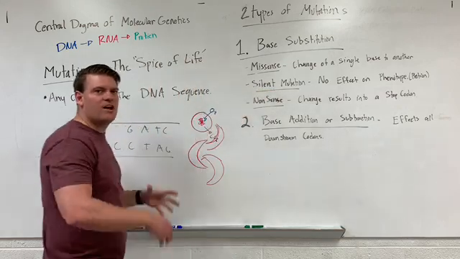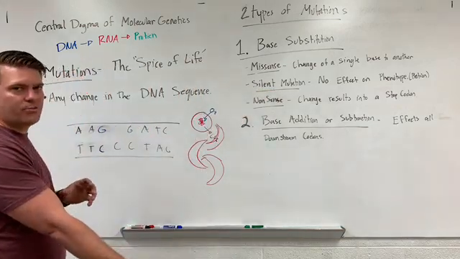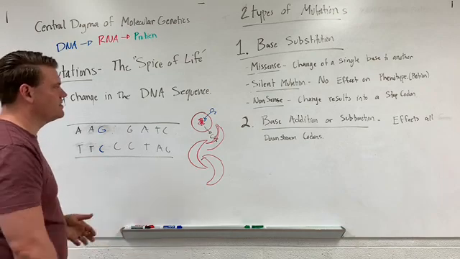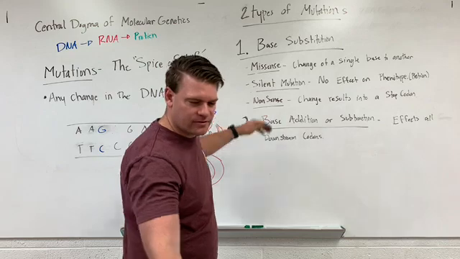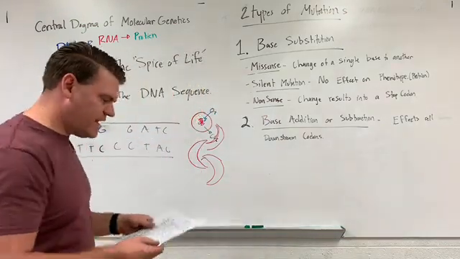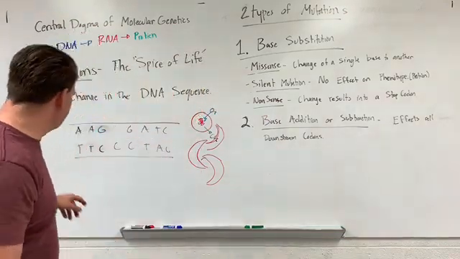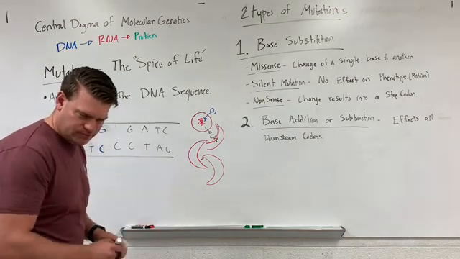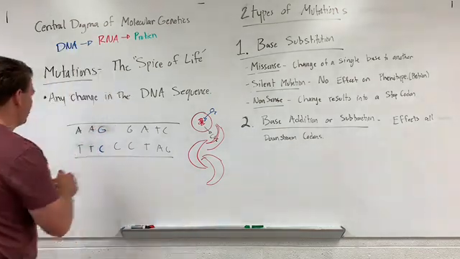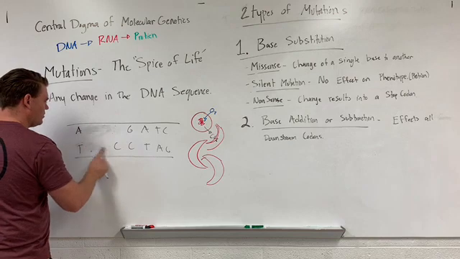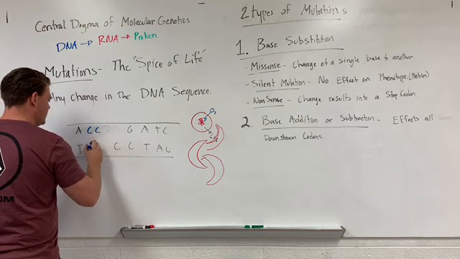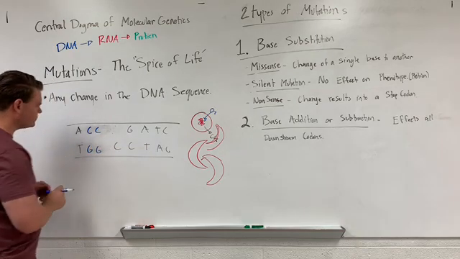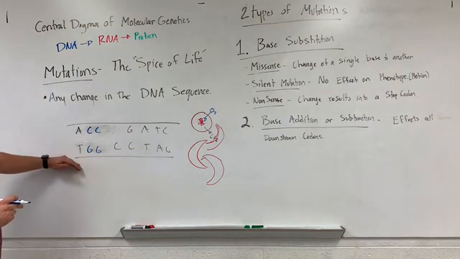Anytime there's a mutation, but it doesn't actually affect the protein or the amino acid sequence. Then we can have a nonsense mutation. All right, so let's say this got changed to UCC. So we changed those two.